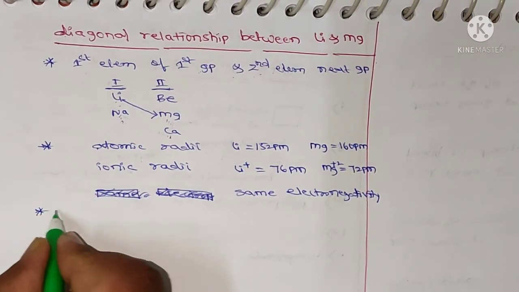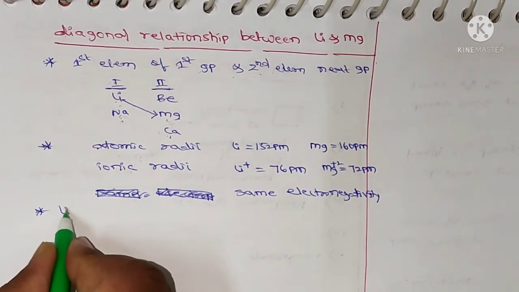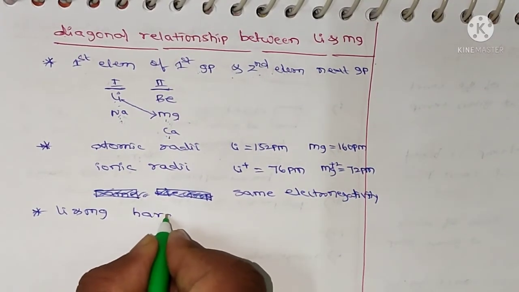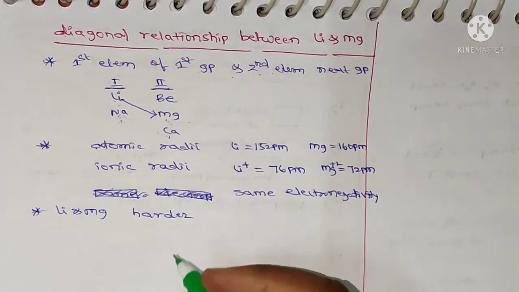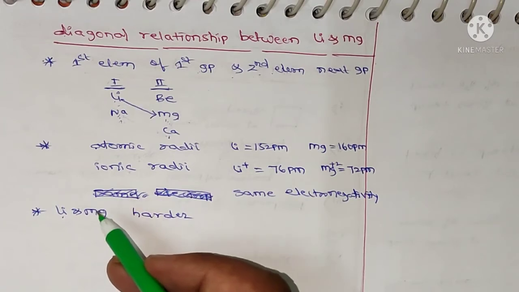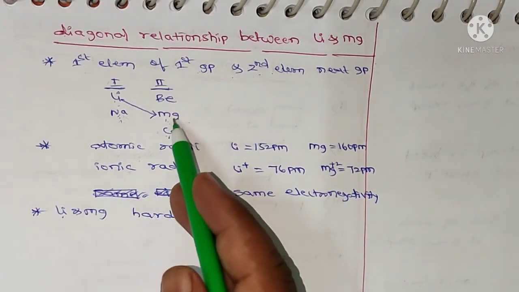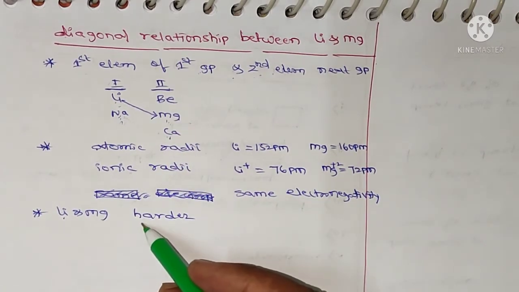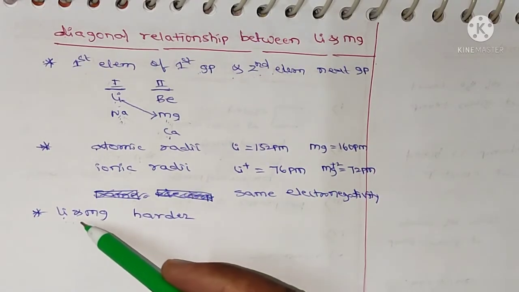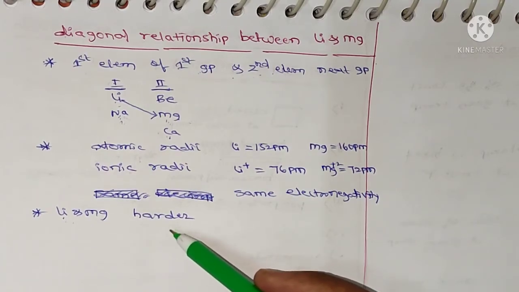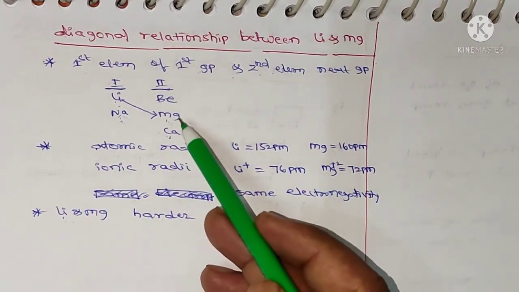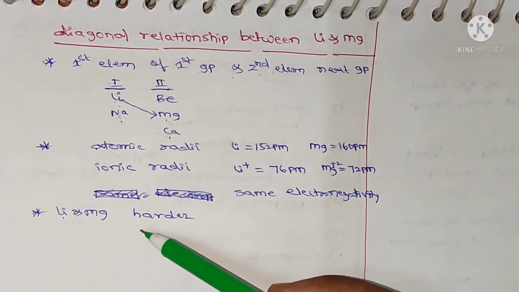And both lithium and magnesium are harder. In first group elements, lithium is hard, remaining elements are soft. In second group elements, magnesium is hard and the remaining metals are soft. So lithium and magnesium are harder than the other alkali metals and alkaline earth metals. The second group metals are called alkaline earth metals.